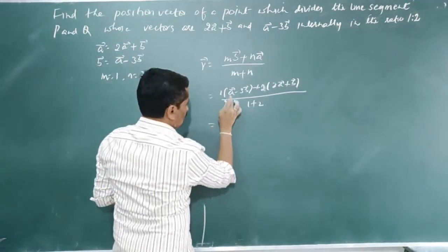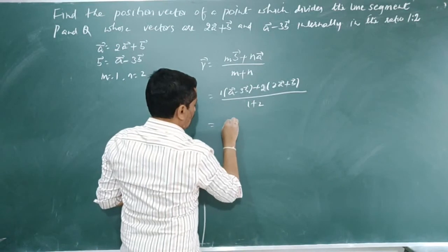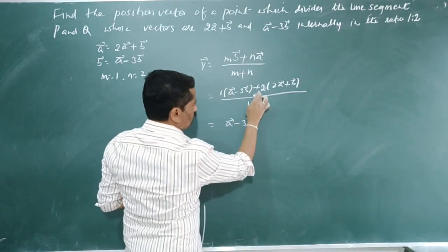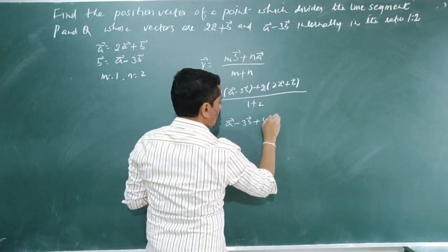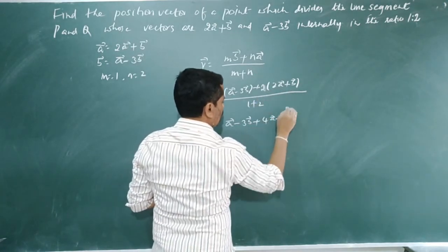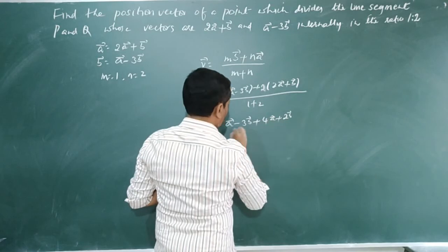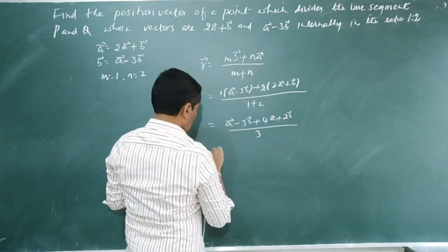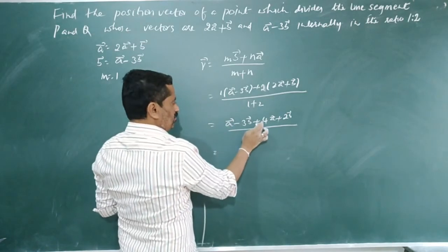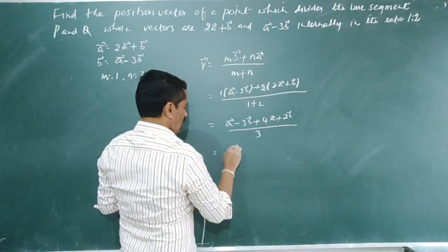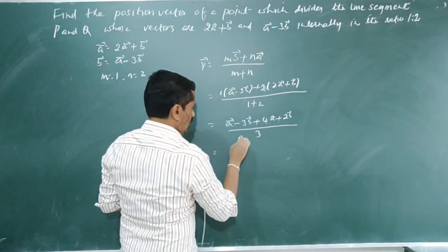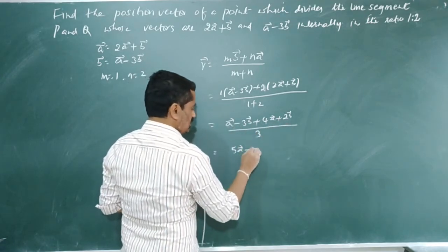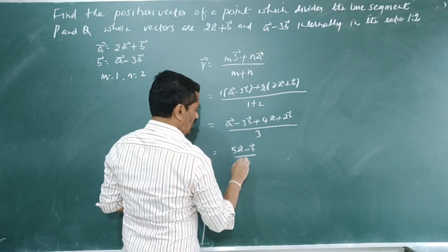Again simplification, that is equal to A bar minus 3B bar plus 2 into 2, we have 4A bar, plus 2 into 1, we have 2B bar, all divided by 1 plus 2, we have 3. Again that is equal to A bar plus 4A bar, we have 5A bar, minus 3B bar plus 2B bar, we have minus B bar, divided by 3.